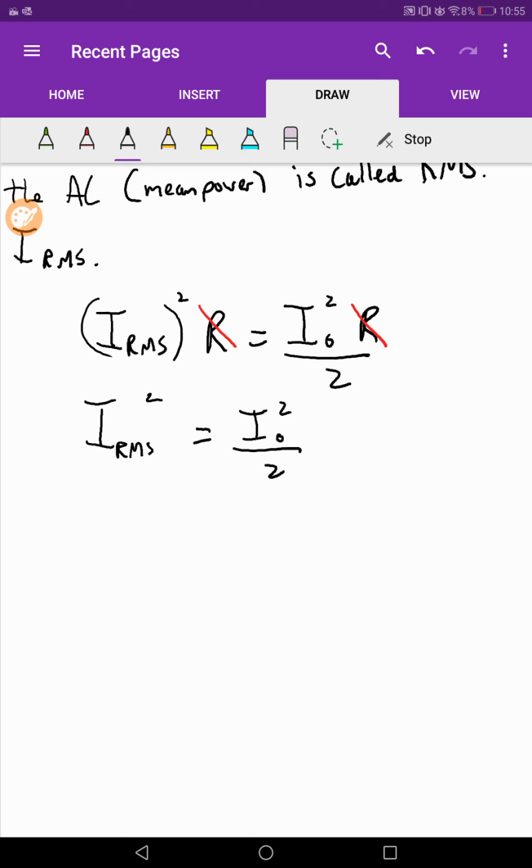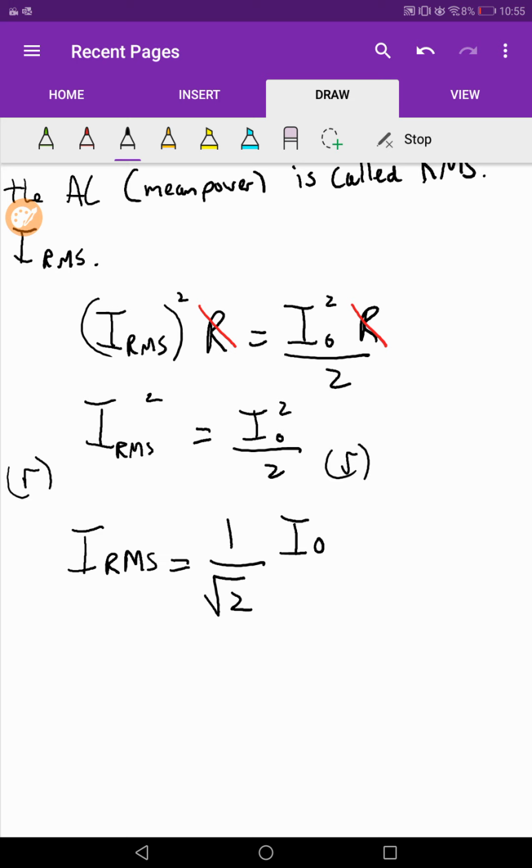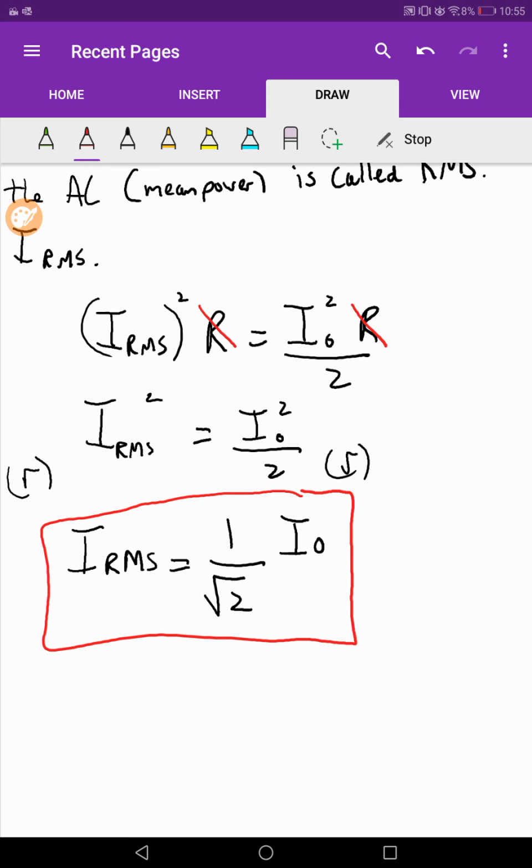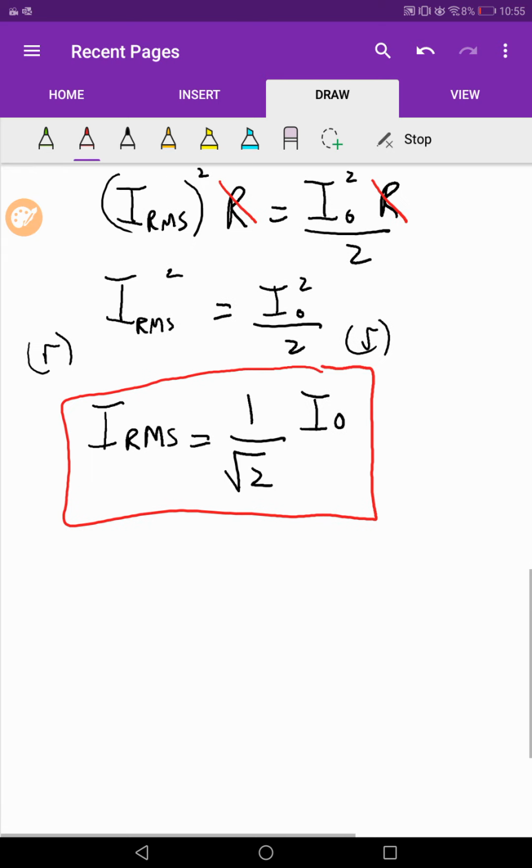So the RMS current is equal to 1 over the square root of 2 I naught. I've just square rooted both sides here. That's all I've done. But don't forget, I naught was our maximum current.